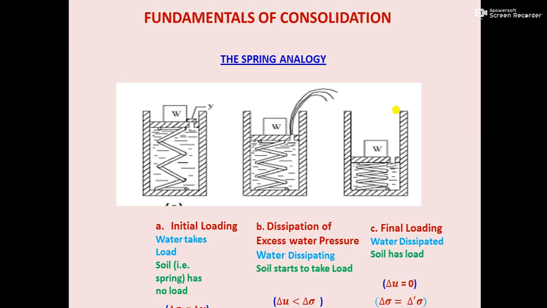And finally, if you can reach a state when the complete water can be expelled out of this can because of this load, then this spring will be completely compressed, and at that time the soil will have the complete loading and the water will be completely dissipated. So the excess pore water pressure will be completely dissipated, and at that time your delta U will become equal to 0, and your delta sigma will become equal to delta sigma dash.